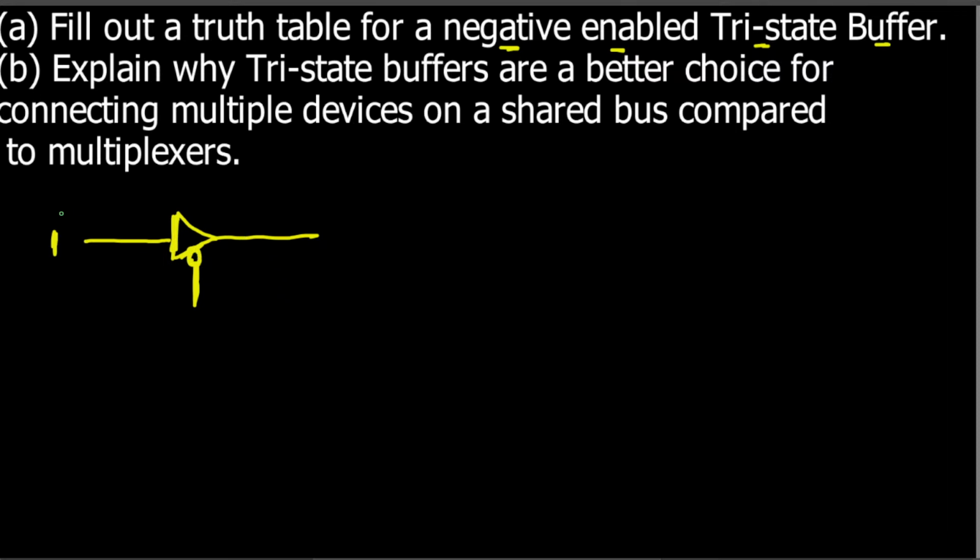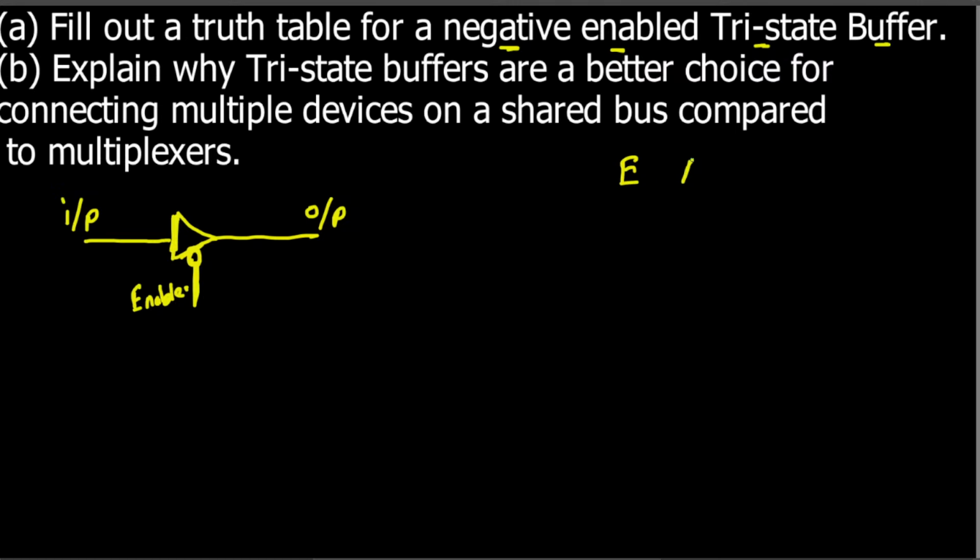Okay, so here let's say we have the input and then the output. Now let's write the truth table for it. So this is the enable.